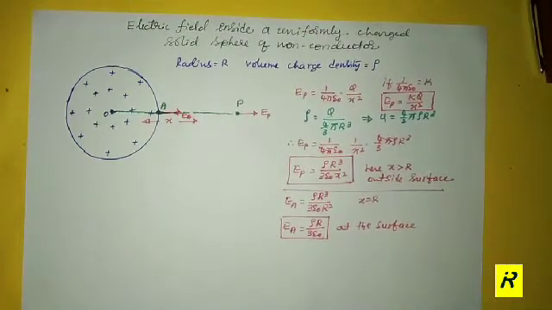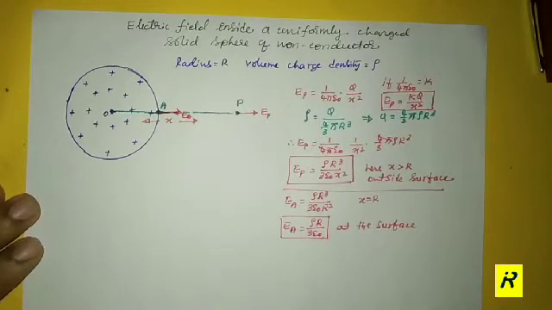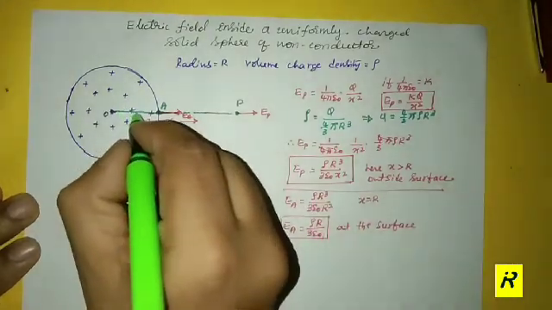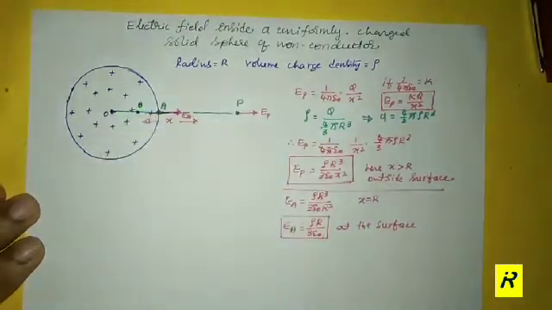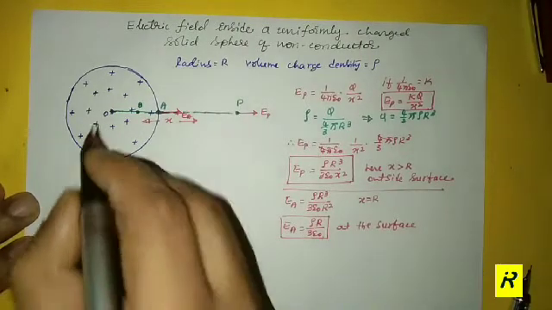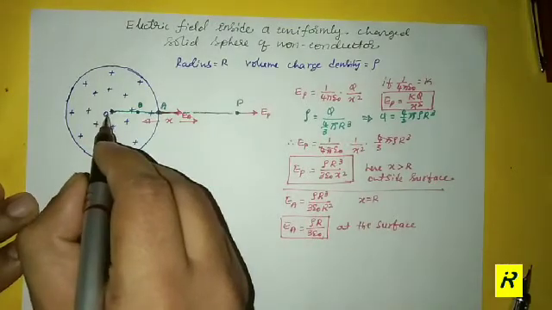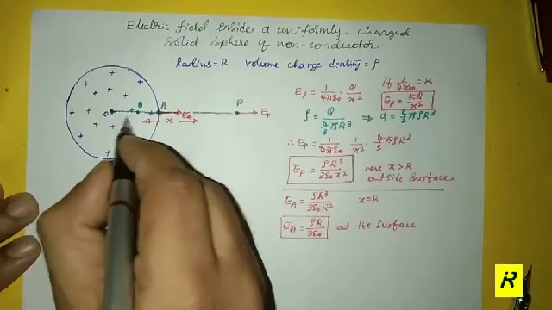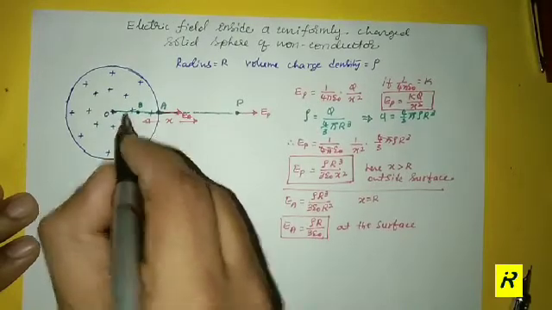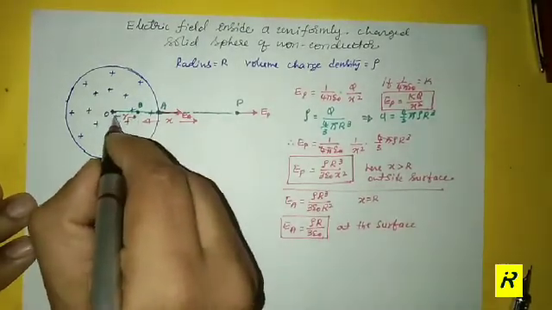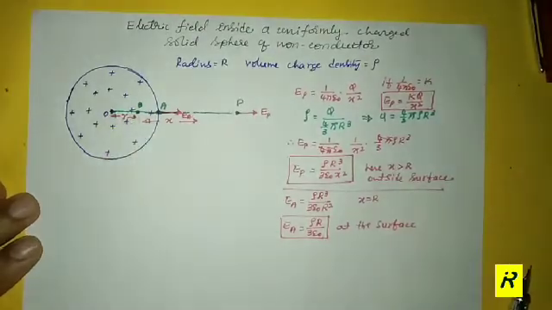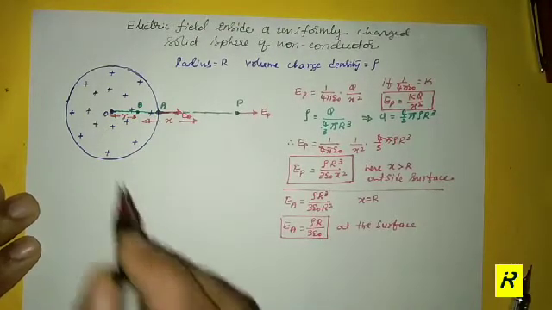Now we have to put our concentration on a point which is lying inside. I draw a point somewhere here, and this point is B. The distance between O and B is again something, say small r.